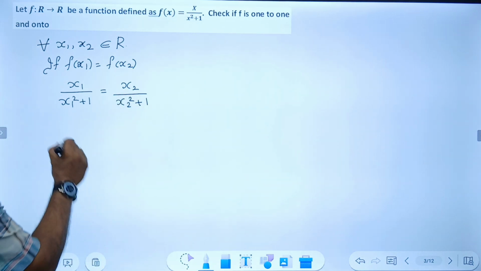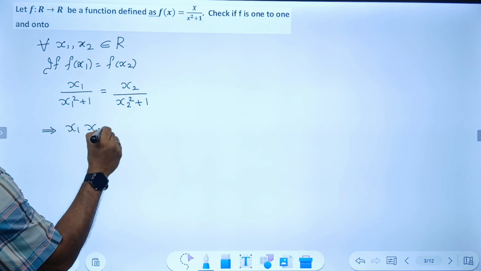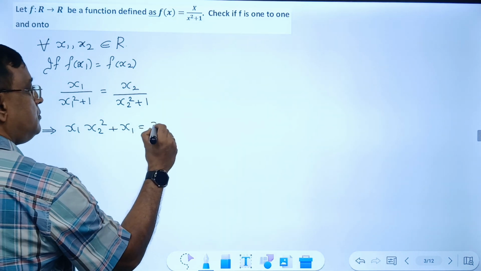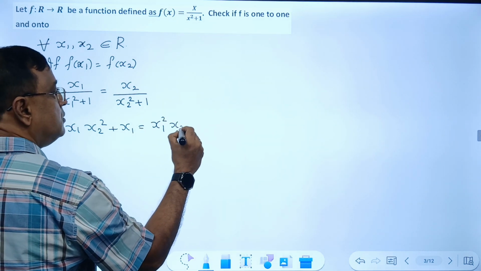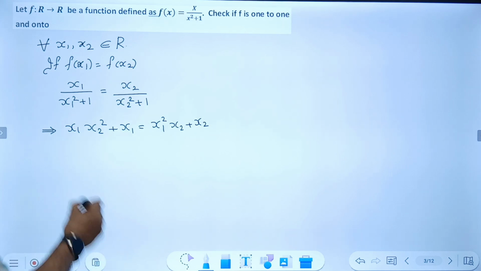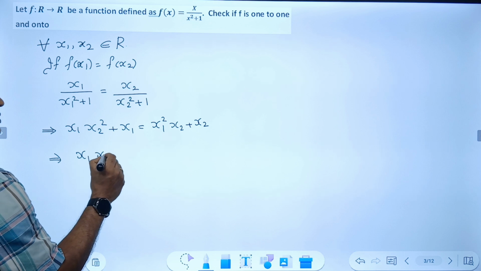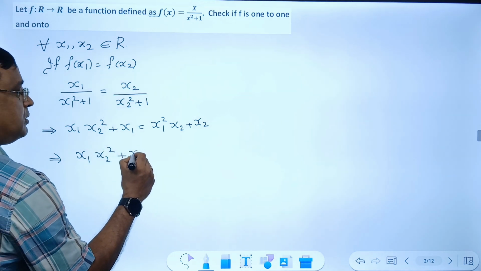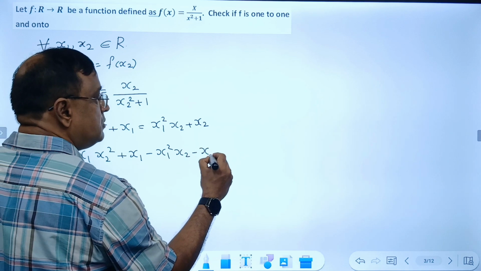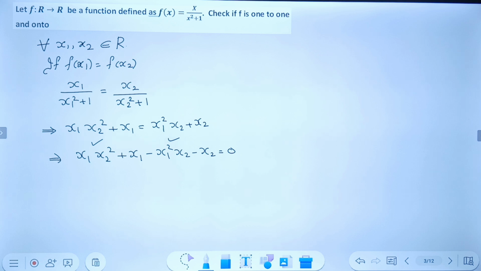Now we cross multiply. When you cross multiply, what do I get? I get x1 x2 square plus x1 is equal to x1 square x2 plus x2. Usual stuff, right? Now you bring everything to one side, you get x1 x2 square plus x1 minus x1 square x2 minus x2 equal to 0. Now look at these two. What is common in them?